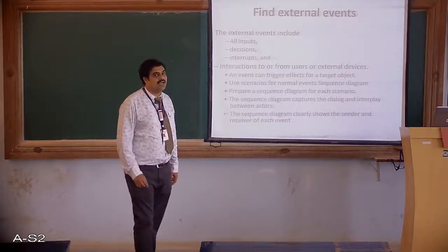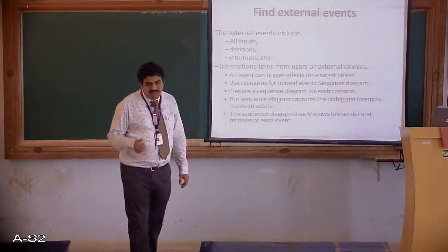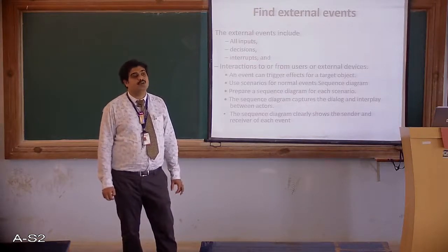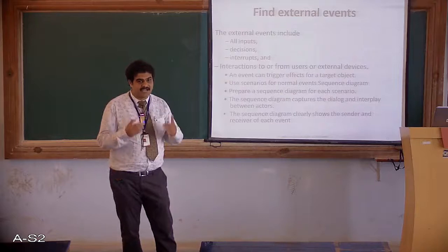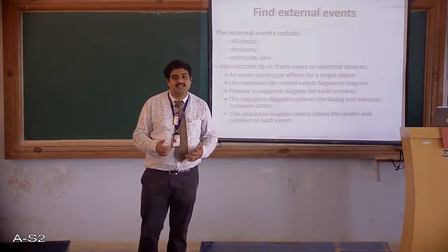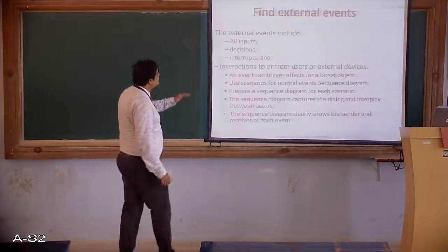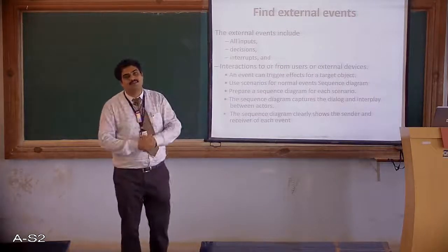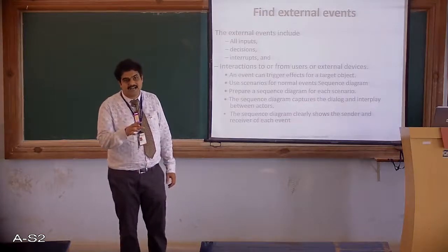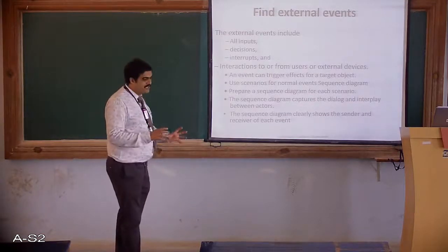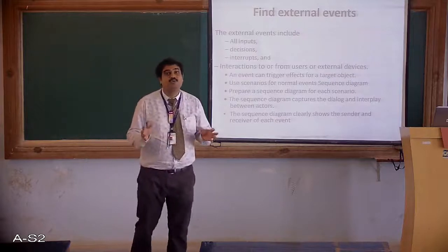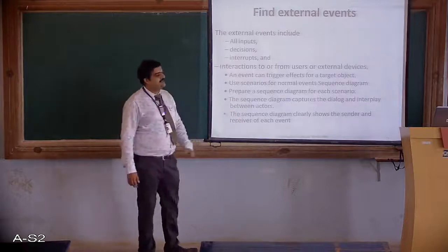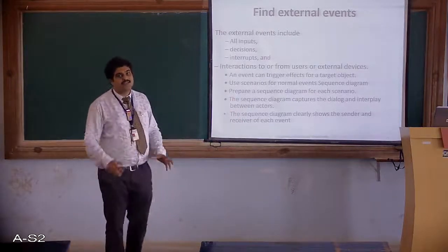For example, consider a thumb impression. Some systems, after every task completion, ask for a thumb impression. That is an external device connected to your system for security purposes. Similarly, for a particular defined problem statement, you may require some external events. Those things you can list out for solving the problem.